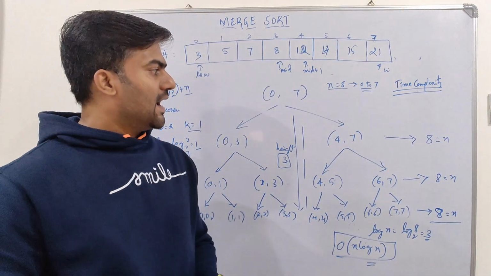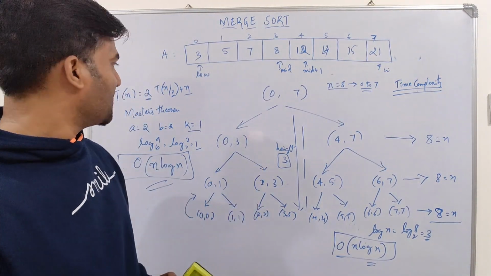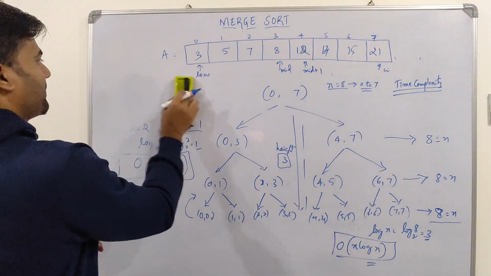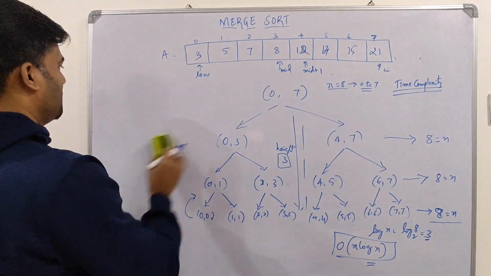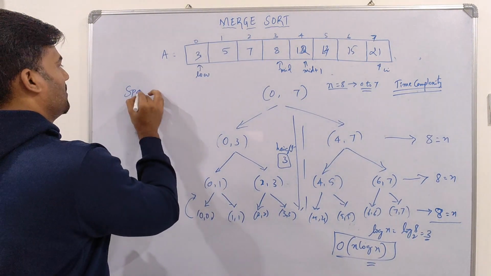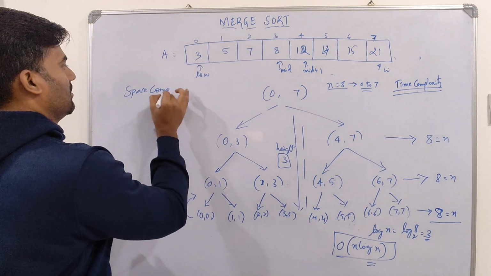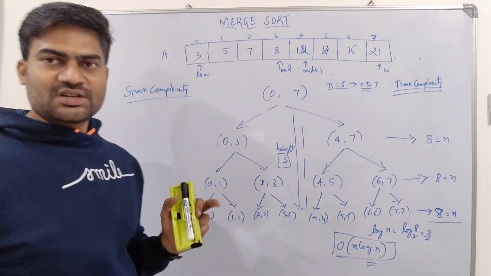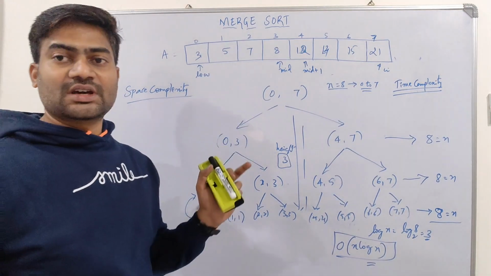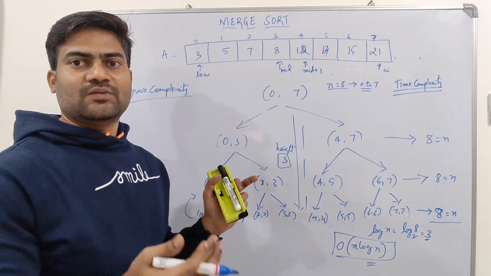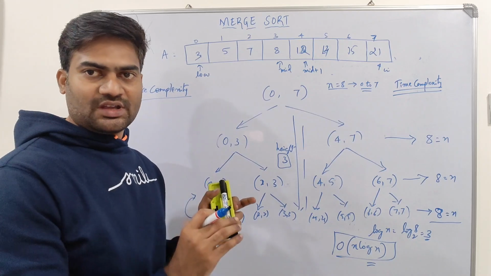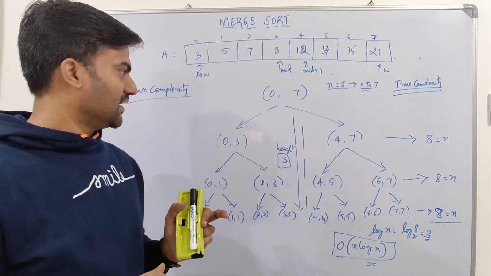Okay, and what about the space complexity? During merge, we took a third array, and we compared elements from 2 arrays and copied the element to the third array.